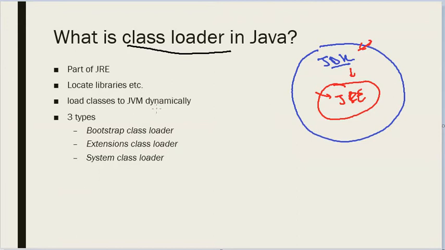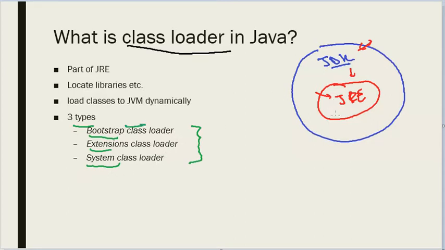There are three types of class loaders: Bootstrap class loader, extension class loader, and system class loader, depending on which type of Java classes these different class loaders will load. But the first one that is called is always the Bootstrap class loader.